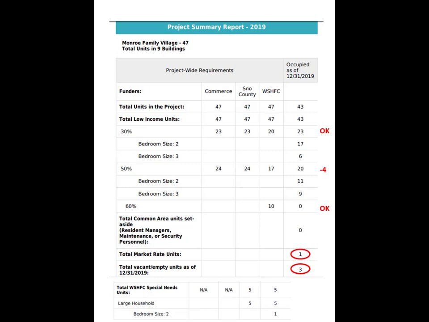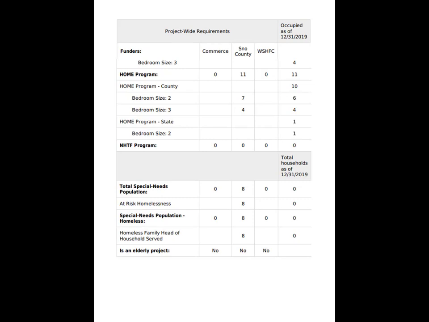The property has 5 units, so they're okay there, except one of those units, if you do the bedroom breakdown, we can see is actually a 2-bedroom unit, and the definition of large household does not allow a 2-bedroom unit to be designated. So we know that there's something that we need to find on Table 1. When we continue down on that page, then we see for 3 bedrooms that they actually have 4 3-bedroom large households. So that's going to mean that they are short 1 due to that 2-bedroom being counted.